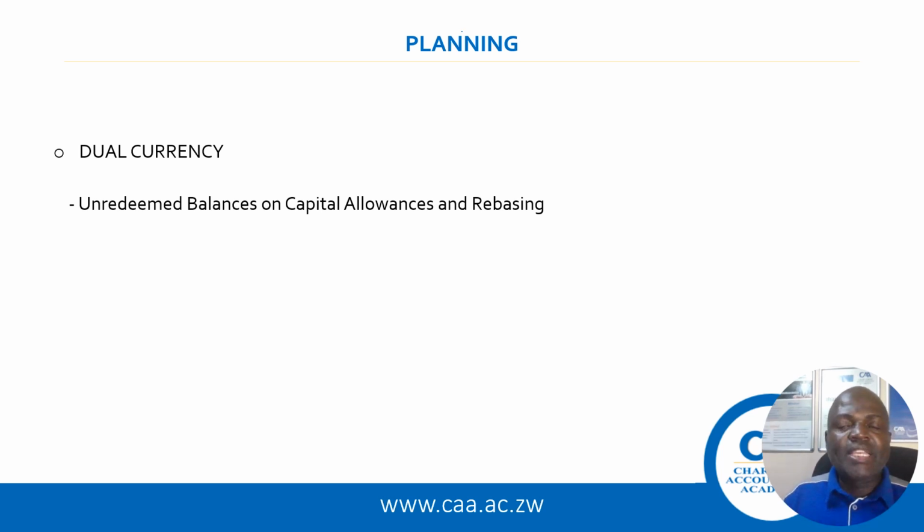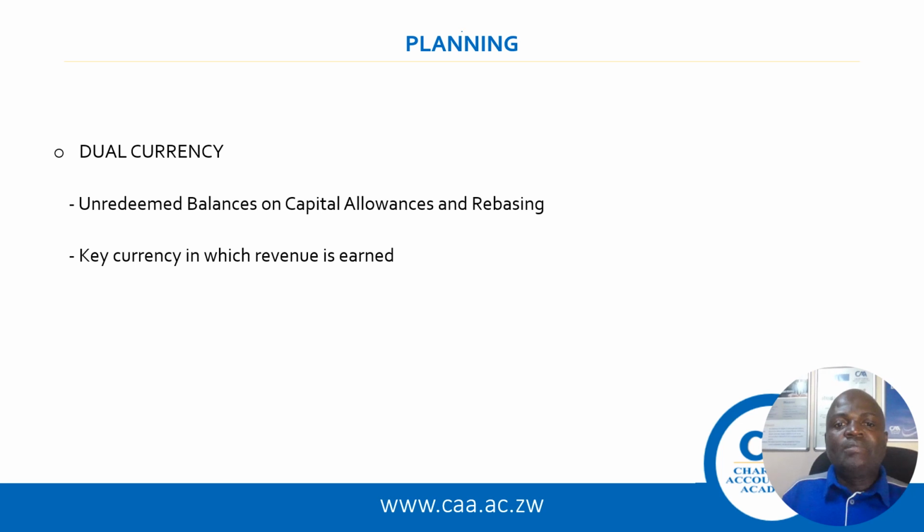In other words, we're tracking the United States dollar balances on unredeemed balances on capital allowances and converting every time we are doing an annual return or tax computation for each tax year on capital allowances. So that's good planning.